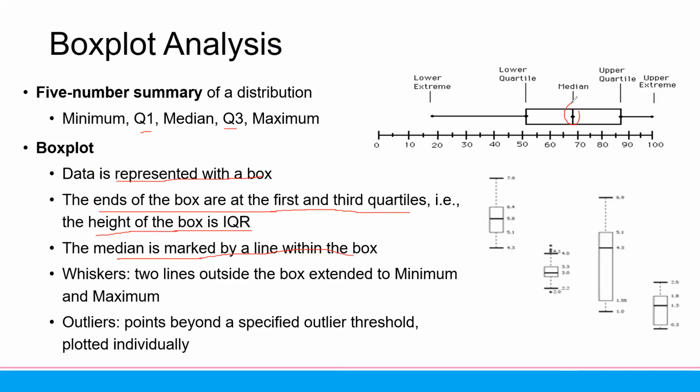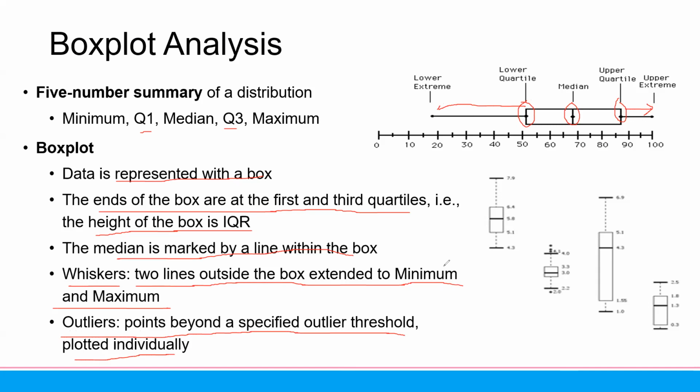Okay, this is the median. This is the quartile. This is the upper quartile. And then the whiskers are the 2 lines outside the box extended to the minimum and maximum. So this is the lower extreme and this is the upper extreme. Outliers are points beyond a specific outlier threshold, and they are usually plotted individually.